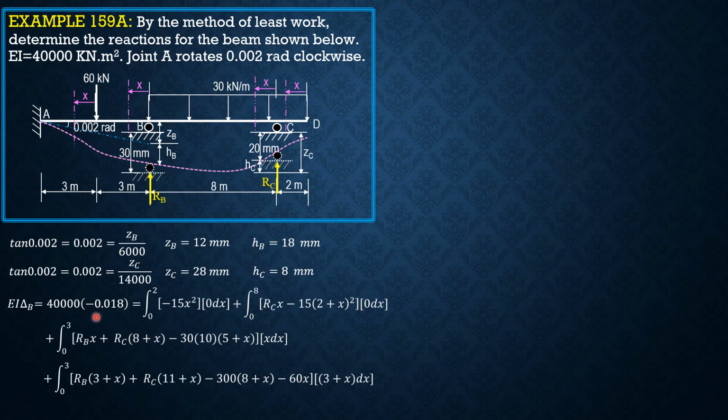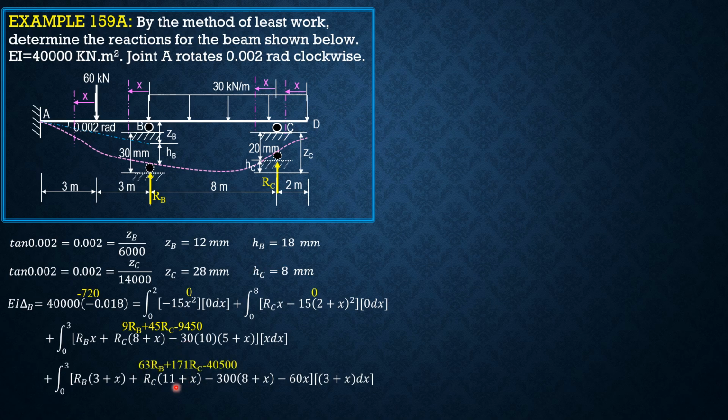So the first value at the left side is negative 720. First integral here is 0, second 0. Then for the third, evaluate R sub B integral of x squared from 0 to 3, then that's the coefficient of R sub B, 9 R sub B. For R sub C, integral of (8 plus x) times x, 0 to 3, then for the constant. So 9 R sub B plus 45 R sub C minus 9450.